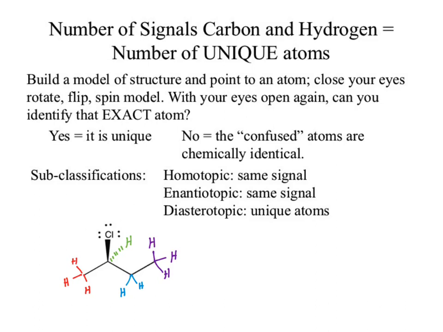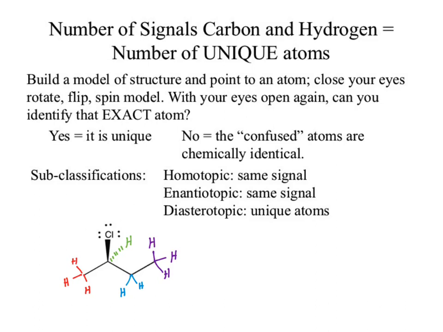Where would I expect these signals to show up? Chemical shift, you're saying in the 1 to 2 range. Why? Those are all generally alkanes. What do you want to challenge? The presence of the chlorine is very electronegative, so it would shift the chemical shift. Chlorine's electronegative. It's probably going to suck the electron density away from the carbon, which means the carbon's going to steal it from the green hydrogen, which means the green hydrogen should be deshielded.